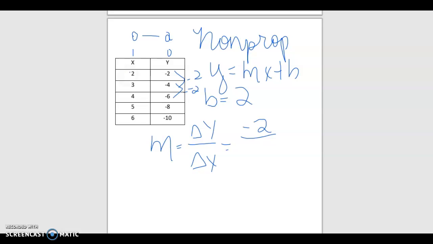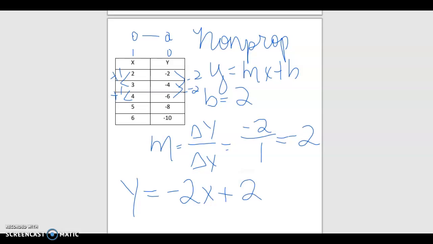While my x's, a little bit simpler to see, are +1, +1. So my slope there is a -2. All right. So y equals my slope of -2, or -2 over 1 if you want to keep it as a fraction, plus my b, which was 2.